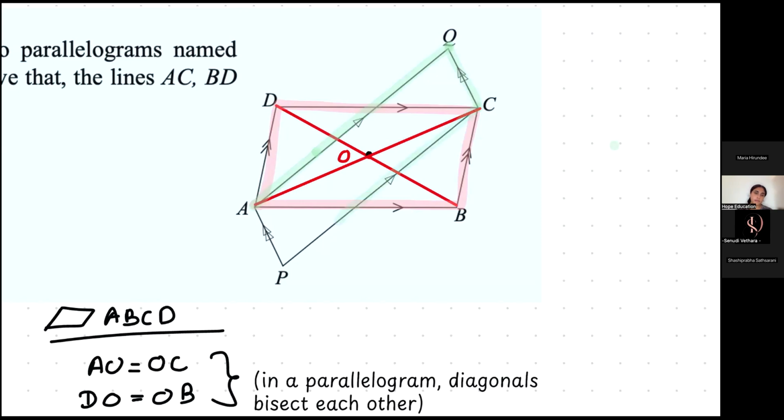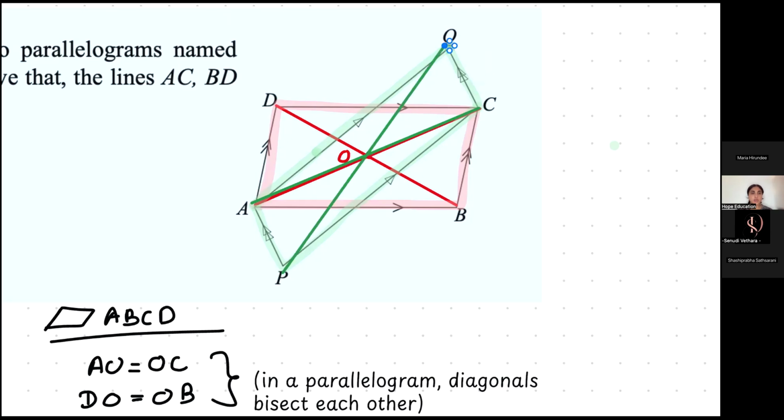APCQ කියන එක. මෙයාගේ මොනවාද diagonals? AC is one diagonal and PQ is another diagonal. Okay.